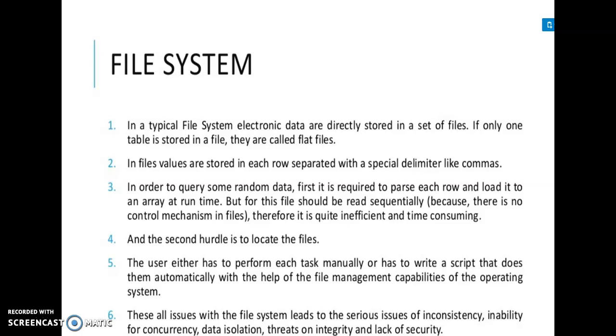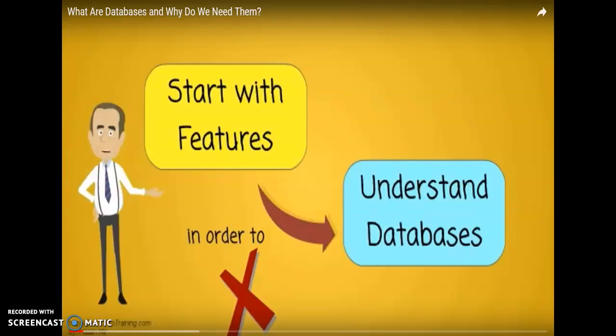All these issues with the file system lead to serious issues of inconsistency, inability for concurrency, data isolation, threats on integrity and lack of security. So let's see the features that led to the move from file system to database, the need for databases.